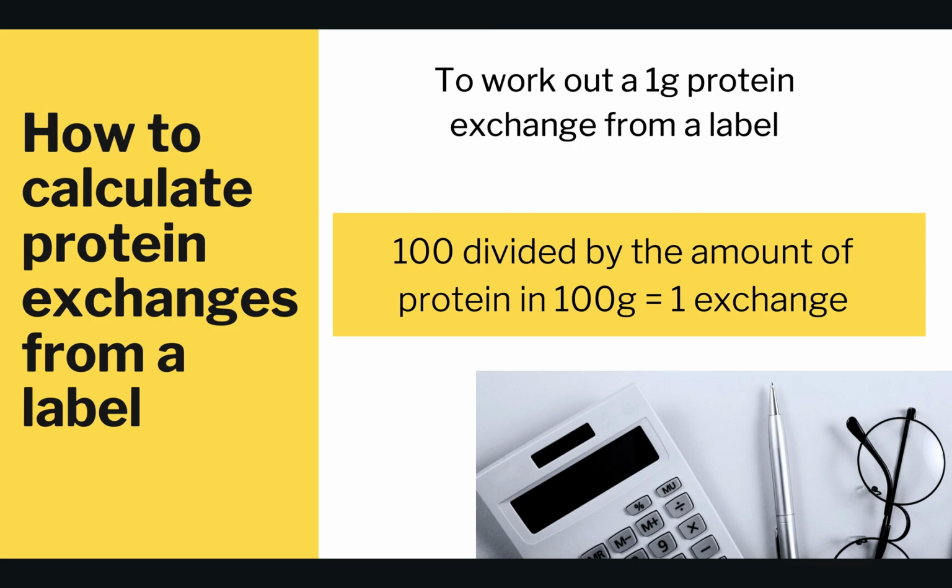To work out a 1 gram protein exchange from a label, we need to do a calculation. This is 100 divided by the amount of protein in 100 grams, and this will give us 1 exchange. I can't do that calculation in my head, so I would get my calculator out.